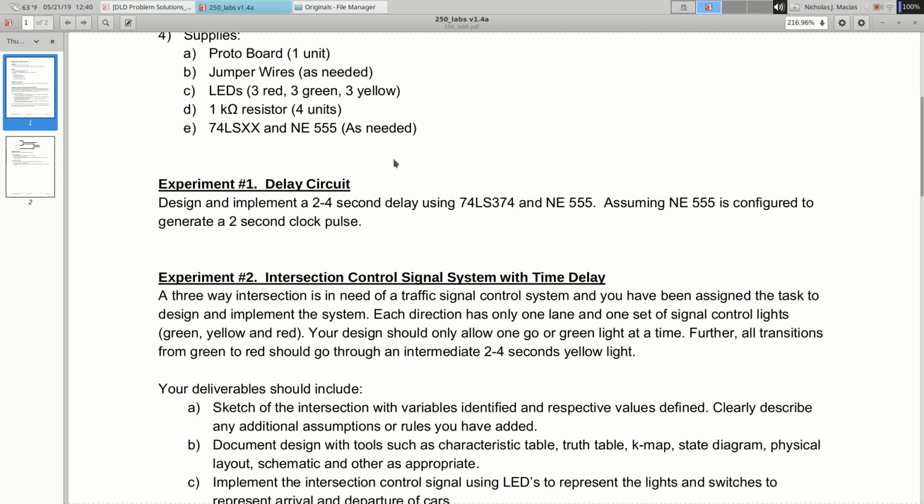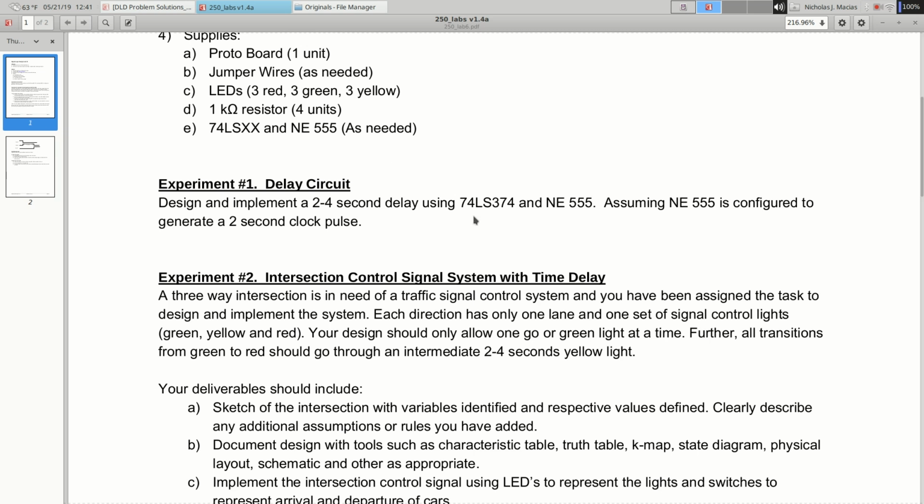And then experiment 2, three-way intersection. Each direction has one lane and has red, green, and yellow lights. And you should only have one green at a time. And anytime you go from green to red, you should go yellow for 2 to 4 seconds first. So it's like a normal traffic light, right? Green, yellow, red. And then when you're ready to go, you can just go from red to green.